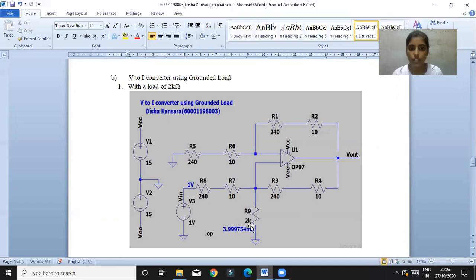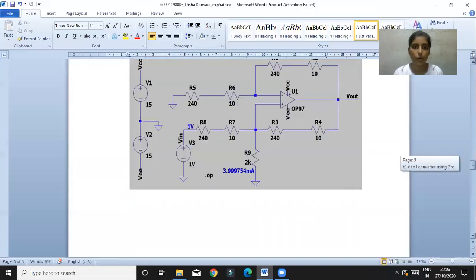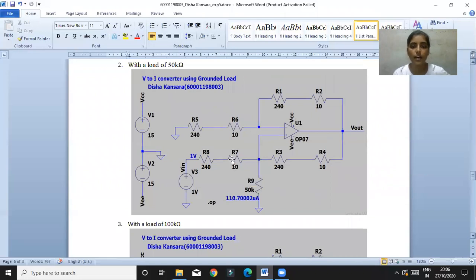For the load resistor I first used 2 kilo ohms, and I get 3.9975 milliamps as output. For the 50 kilo ohm load resistor, with an input voltage of 1 volt, I get a ground load output of 110.7002 microamps. So this is my second ground load circuit.